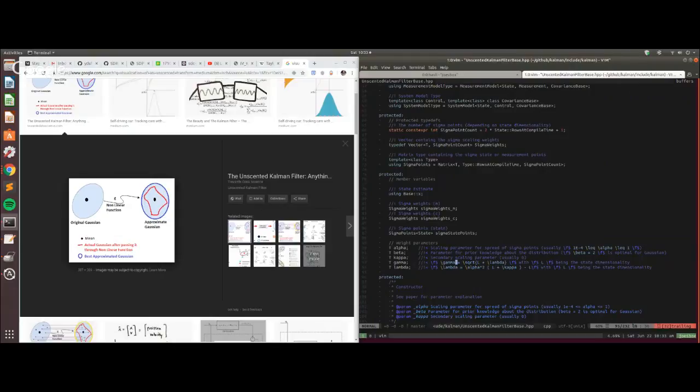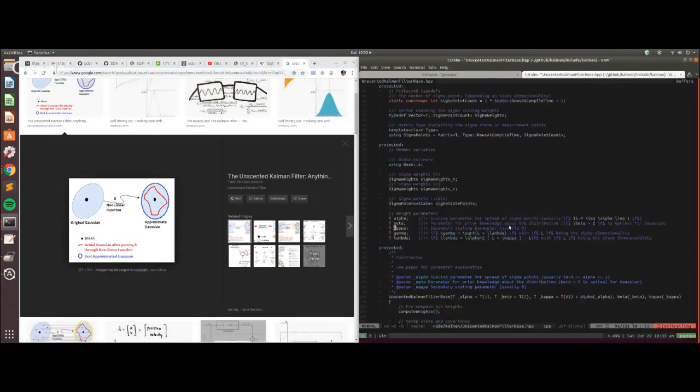So I would suggest you actually look up what each of these represent, but they are a way of encoding what I was talking about: how far you want to spread along the principal axes of the covariance matrix, how far you want to spread to sample from that. And then there's the other bit of how much you want to weight those points. And that's encoded in these values.